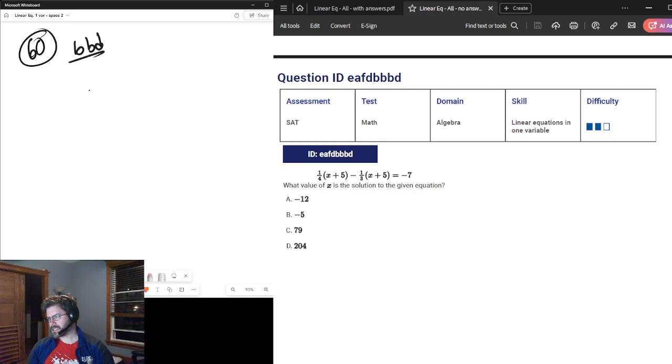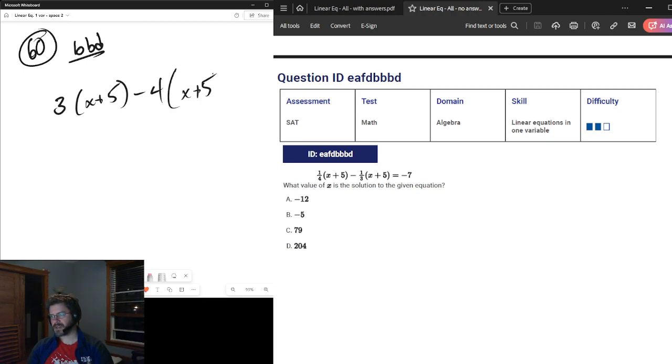Okay, what is x for a solution? So simple distribution. I hate fractions, so I'm actually going to multiply this whole thing by 12. So that would give us 3x plus 5 minus 4x plus 5 equals negative 7.